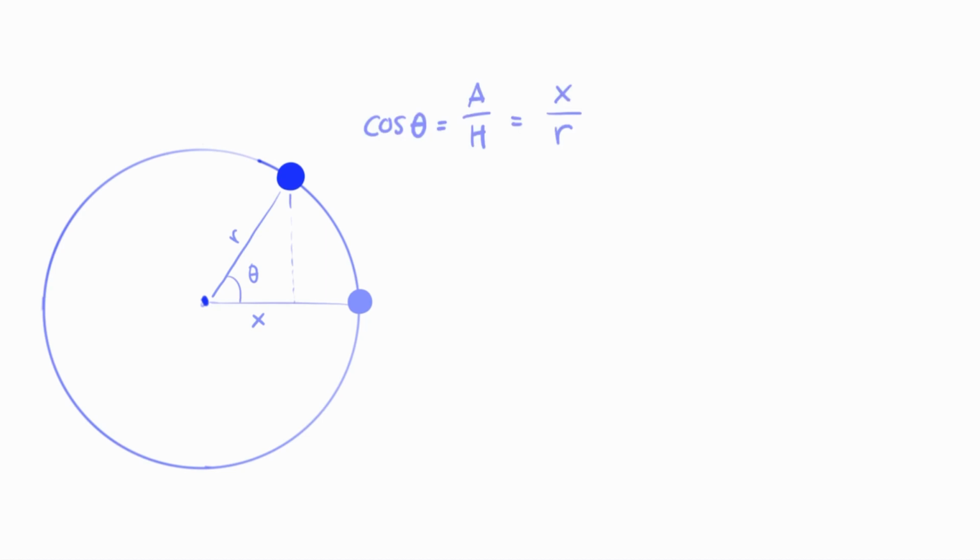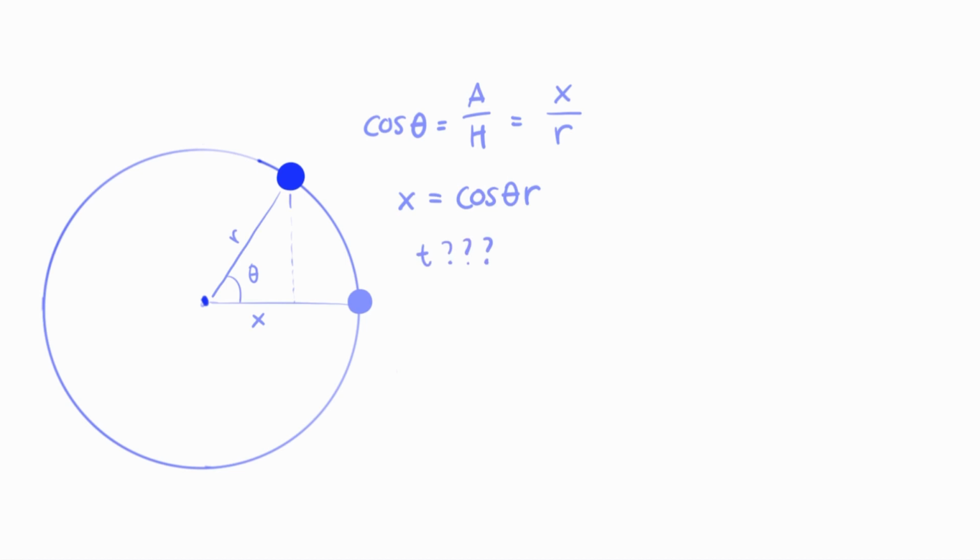Cosine theta is equal to adjacent over hypotenuse, and in this context, cosine theta is equal to the x position of the object over the radius of its circular path. We can also isolate the x position by changing the equation into x position equals cosine theta multiplied by the radius.